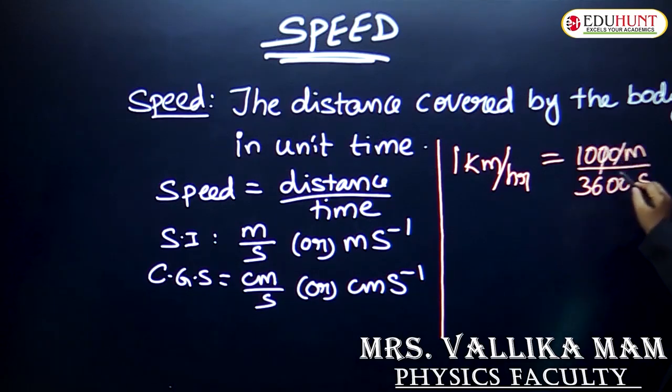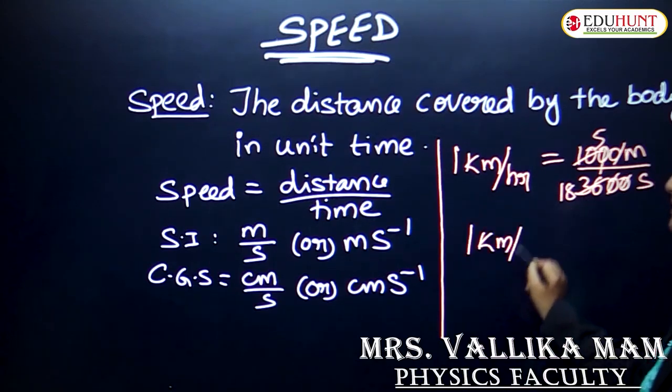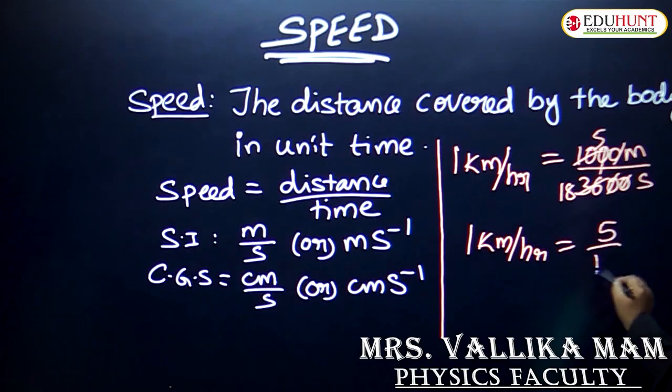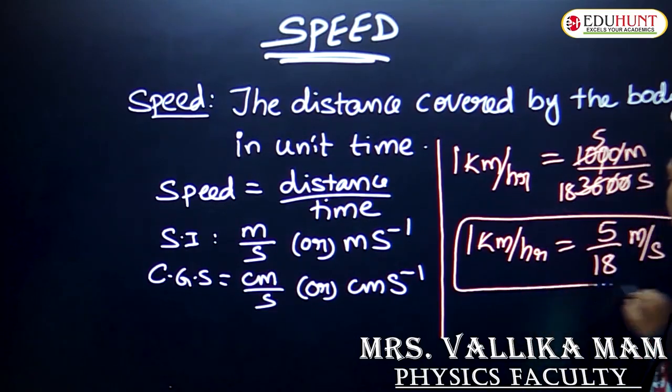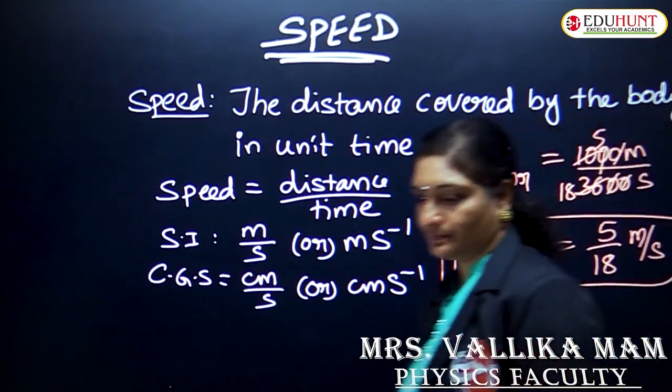So after simplification, this will become 5 and this will be 18. Hence, clearly 1 kilometer per hour is equal to 5 by 18 meter per second. So, need to remember this. Similarly, 1 meter per second is equal to 18 by 5 kilometer per hour.